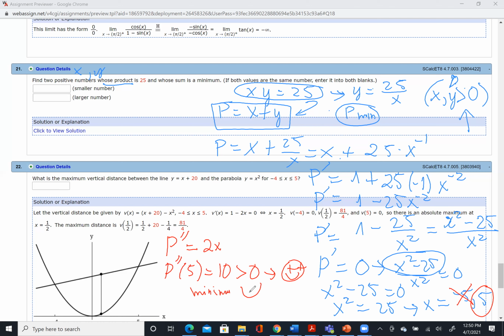Okay, so we need to find y. I have x equal to 5, so y equals, we have to come back to the relationship here, 25 over 5, which is also equal to 5. Any question? So 5 is going to be the answer here, right?